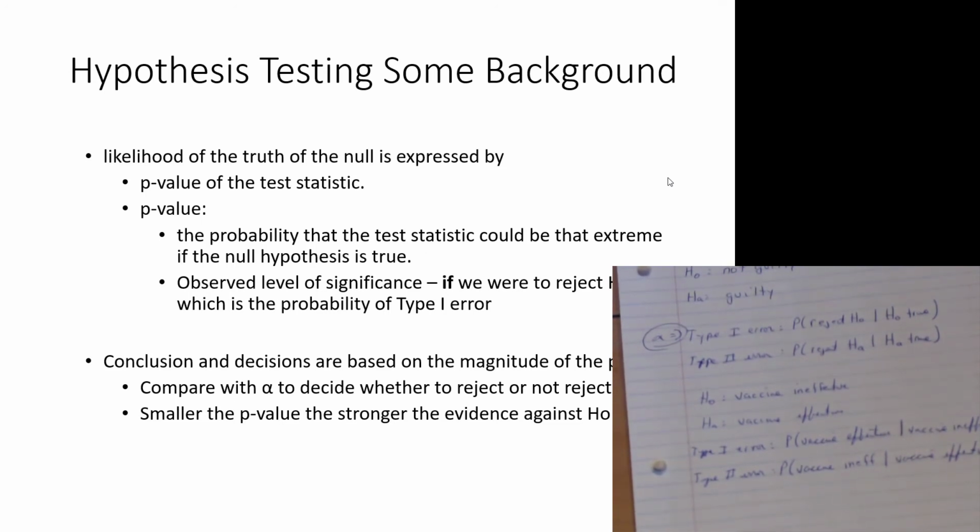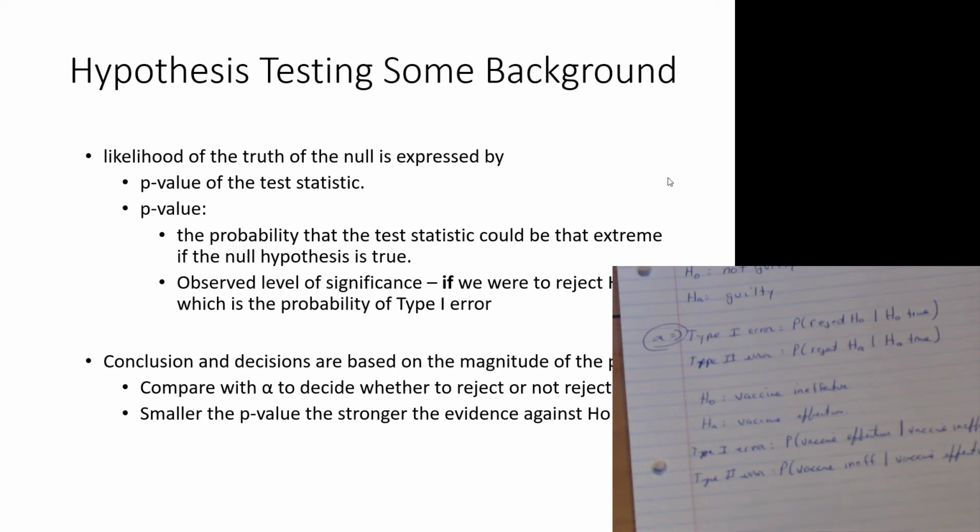The more practical feel for it is that it's like your observed level of significance. So alpha, which we'll see in a moment, is our tolerance level for type 1 error. The p-value gives us the sense for what type 1 error would be, or observed level of significance, another word, if, big conditional, if we were to reject H0.